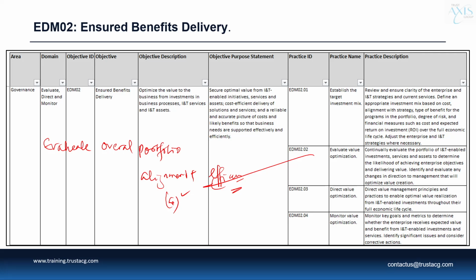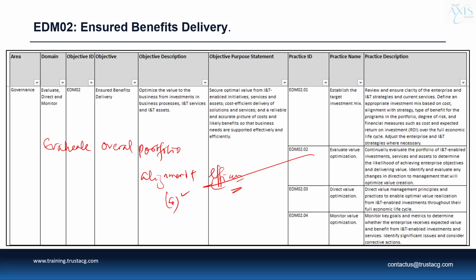And there is always a strategic alignment between IT and business, and understand who has the roles and accountability around the investment decision making process. There should always be a financial management discipline.